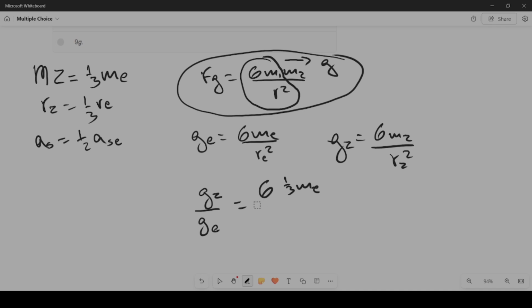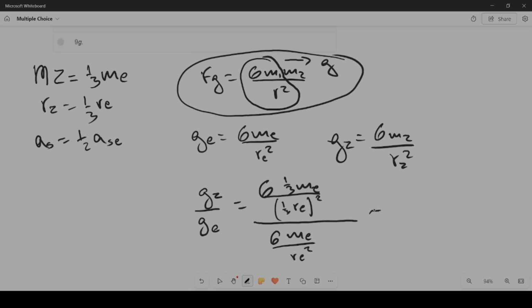Also, I forgot to put the radius of Z is 1/3 the radius of the Earth. But keep in mind that this is all squared. And now in the denominator is the expression for Earth. So this is G m at Earth and radius of Earth squared.